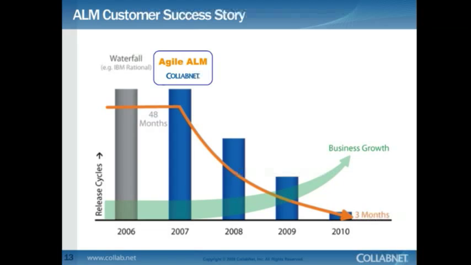So from a customer success story, we have a couple of customers where we've seen them jump from historic efficiency tools for development efforts, like the Rational investments that had 48 months, and working together with some of the other more collaborative tools, we've been able to push the development teams down to 3-month release cycles. And that's been very beneficial for the business.